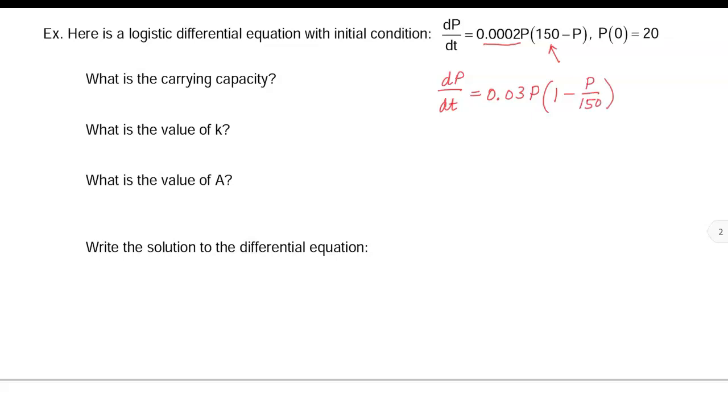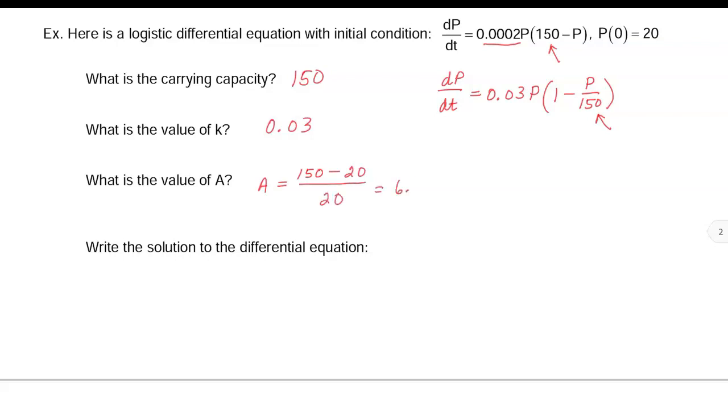Now our differential equation is of the form that we could pick out our k value and our carrying capacity value. In fact, carrying capacity is sitting down there in the denominator, 150. The value of k is now obvious. It's 0.03. And then let's calculate the value of A. Remember, for A, we have to take the carrying capacity and subtract the initial population. 20 was given as the initial population, and divide by 20.